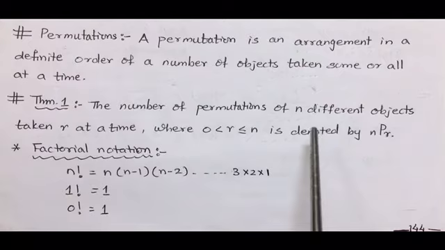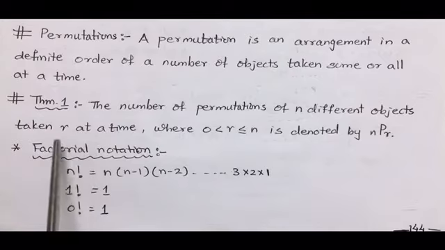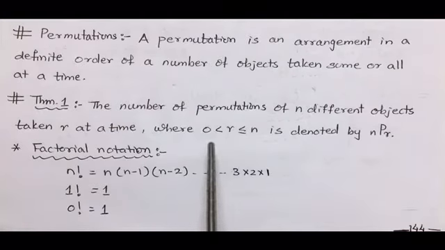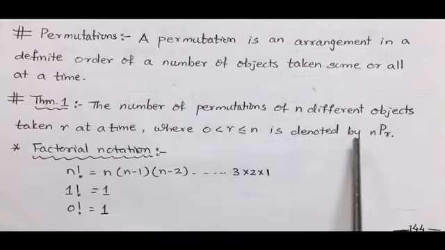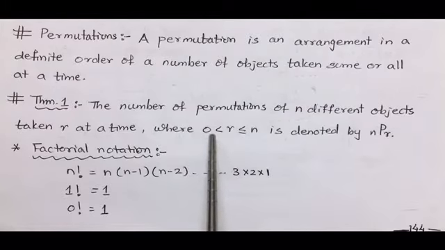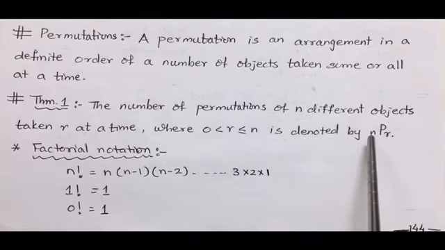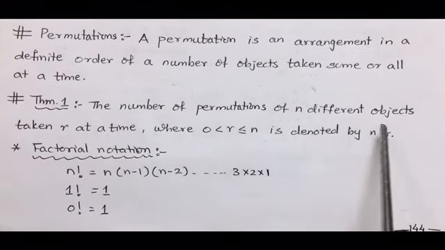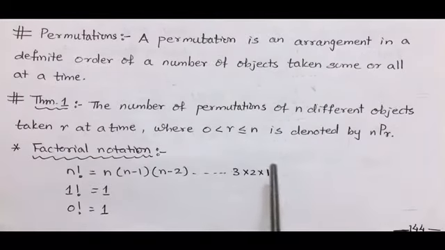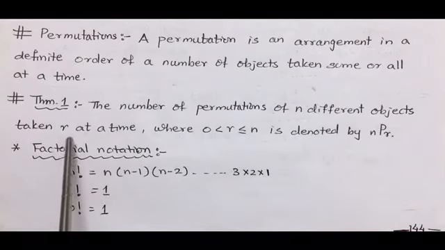That means if there are n different objects which are to be arranged in r places, then it is taken as nPr, and the value of r will be more than 0 but less than or equal to n. r cannot be more than n. So this is how the notation of permutation is taken up, that is nPr, where from n different objects, r objects are selected and arranged.